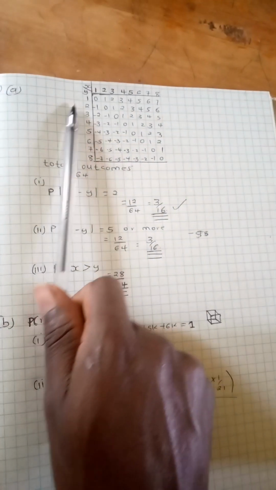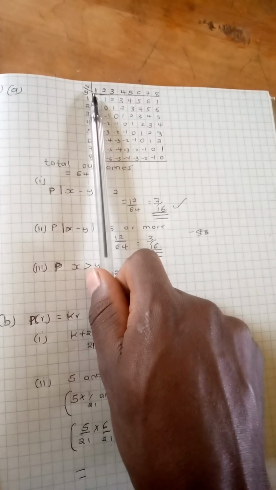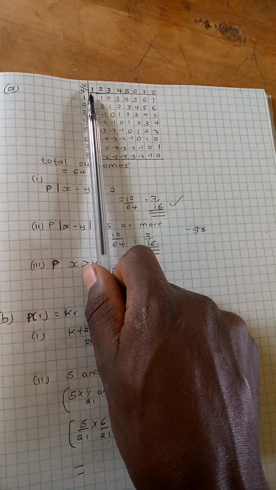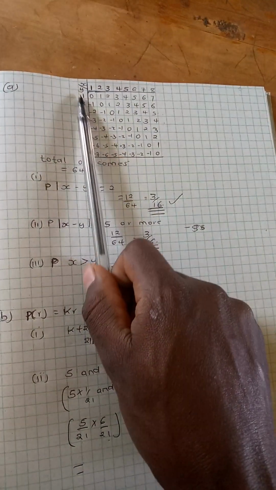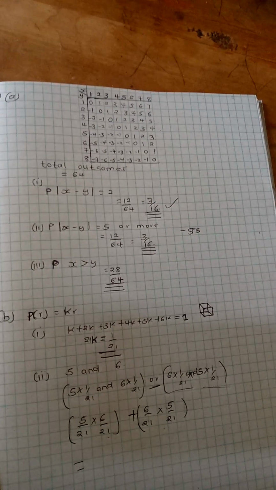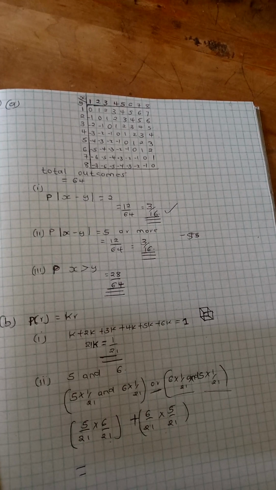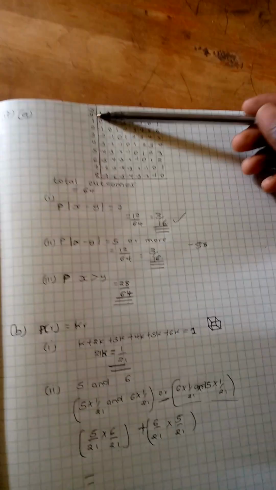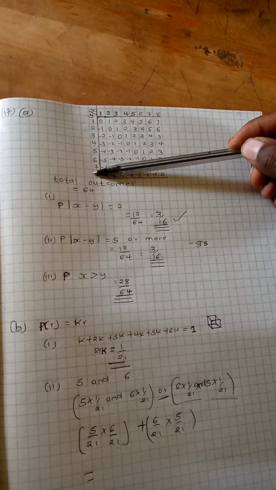You locate x on this side and y on this side. So x is 1 to 8: 1, 2, 3, 4, 5, 6, 7, and 8. And y is again 1 to 8.